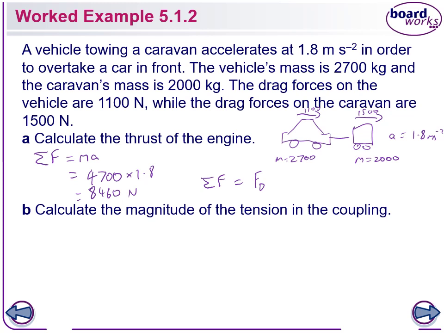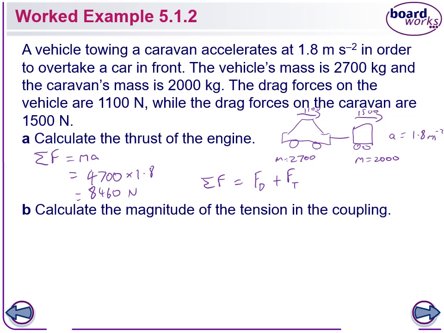And what else? Thrust. Okay, so a net force is made up of the drag and the thrust. It's all of our forces added together. We are looking for thrust, so we need to rearrange this a little bit.